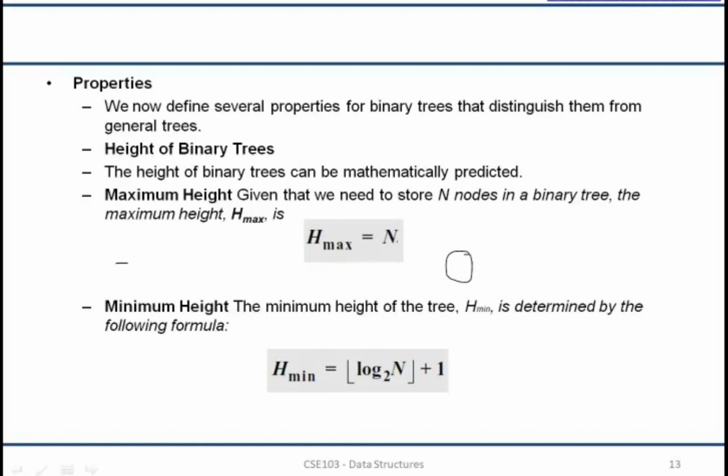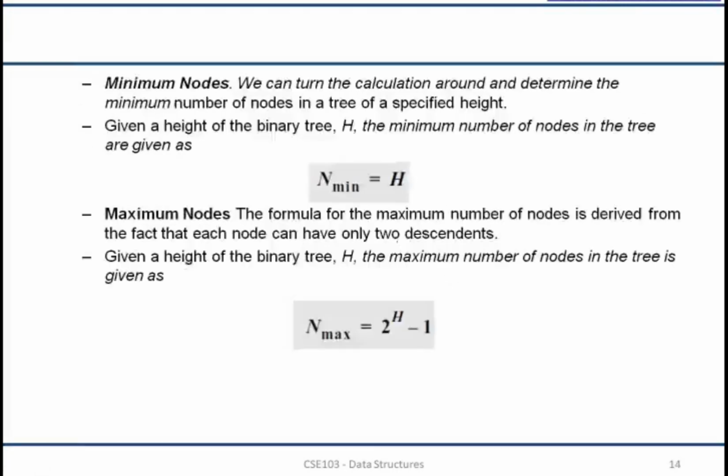Suppose the n value given to you is three nodes. If a binary tree can contain three nodes, what are all the possible tree structures you can create? It will be like this.